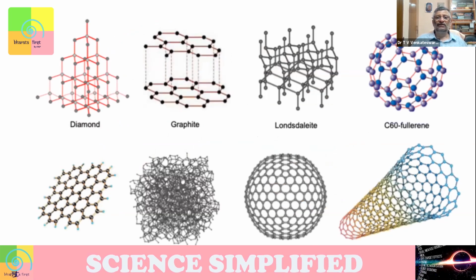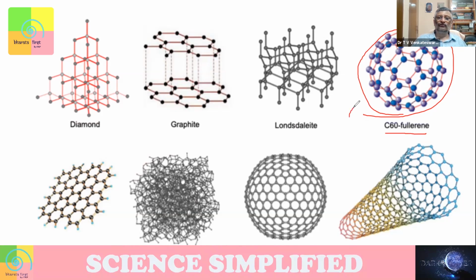Now I can make the carbon in different structures. For example, if I take 60 carbon atoms and arrange them in this kind of fashion, then I get something called a C60 fullerene. It's a new form of carbon. If I take graphite and remove one layer alone, I get graphene.